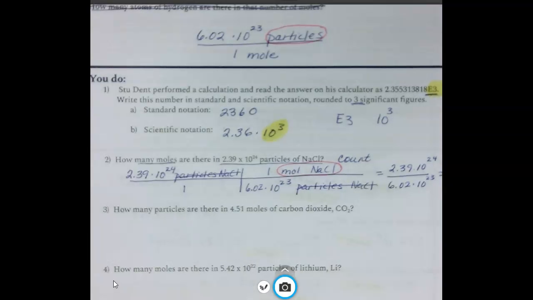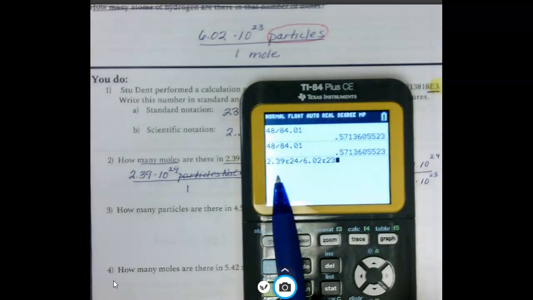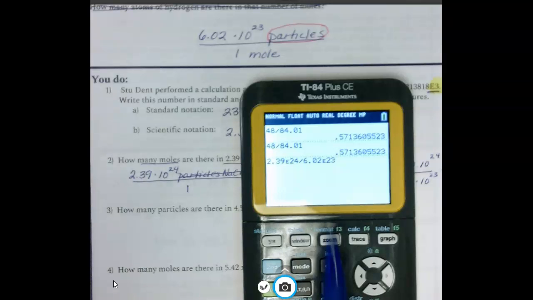So when you go to put it in your calculator, be sure you put it correctly. We've talked about the fact that you either put it in parentheses or use the EE key. And I have the preference of the EE key. That is just mine, but definitely do it how you want to do it. So I'll just show you how I put it in: 2.39 E, because when I hit the EE key, it just puts an E, 24 divided by 6.02 E 23, and enter.